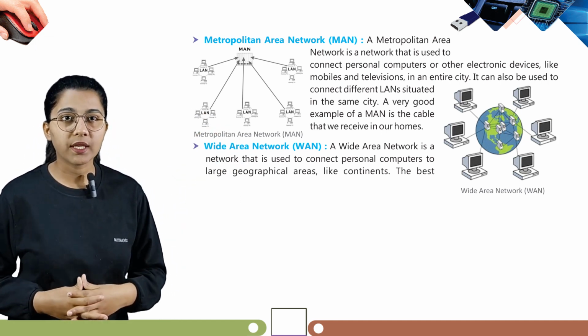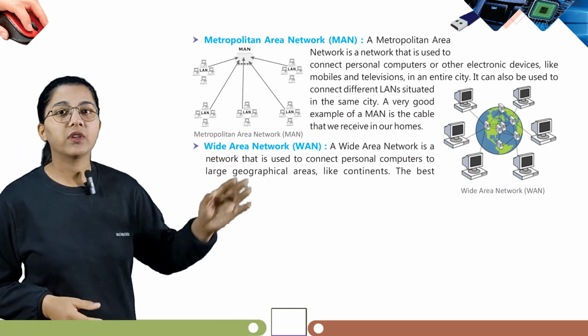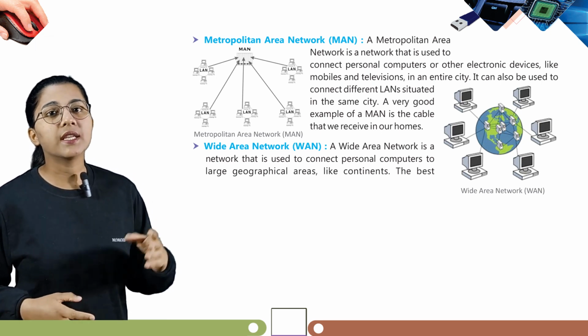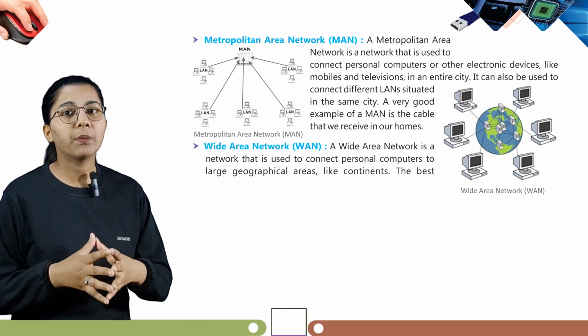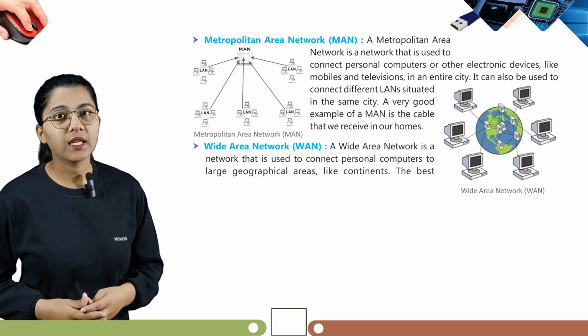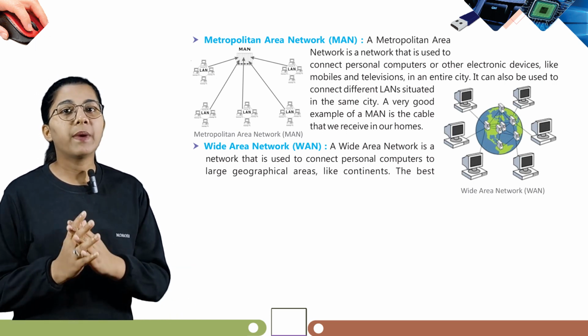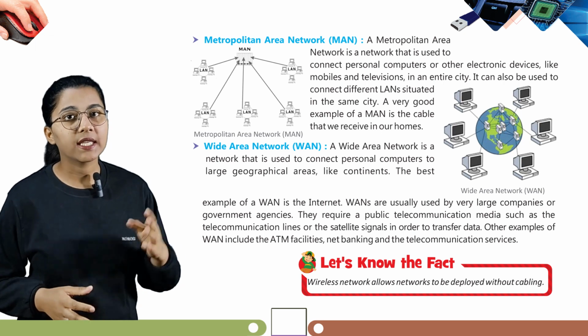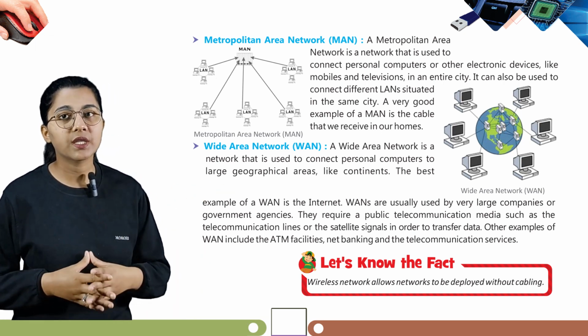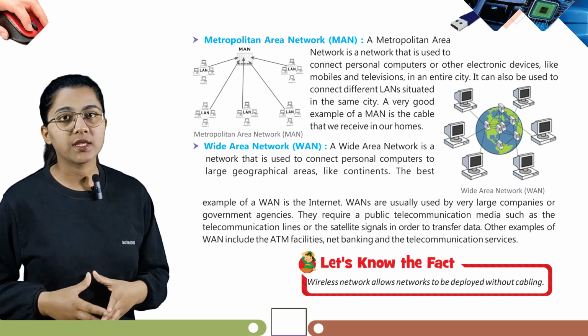Now our next topic is wide area network, that is WAN. A wide area network is a network that is used to connect personal computers over large geographical areas like continents. The best example of a WAN is the internet. WANs are usually used by very large companies or government agencies.